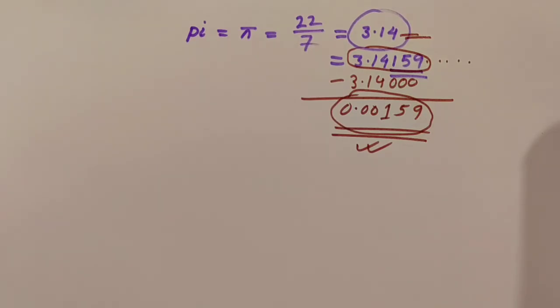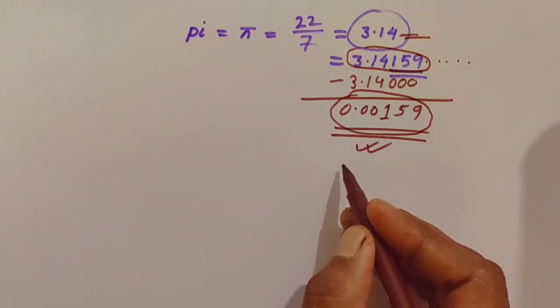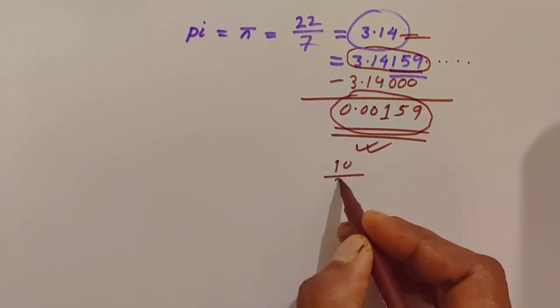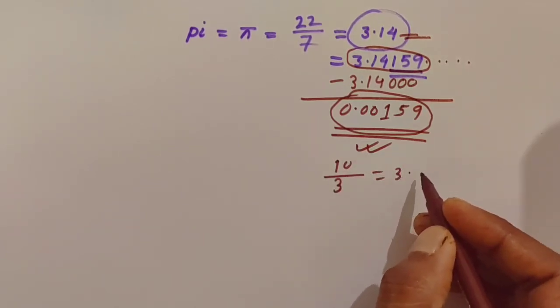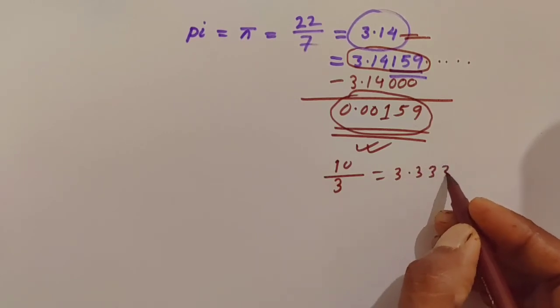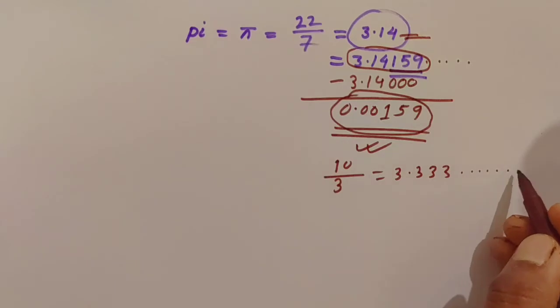That's why different types of numbers were introduced. It is not about pi only. If you divide 10 by 3, it will come 3.333, it will go on. So how many points do you want to take?